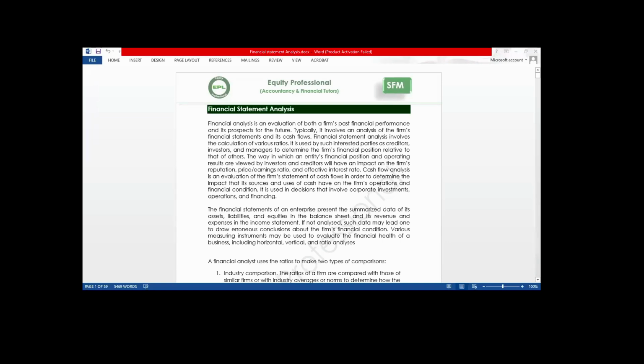Now, the second scenario is you may be required to carry out financial statement prediction or financial statement forecasting. You are given the financial statement for a particular year. For example, you may be given the financial statement for 2025, and you are required to forecast financial statement for 2026.